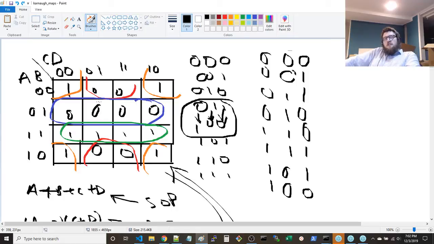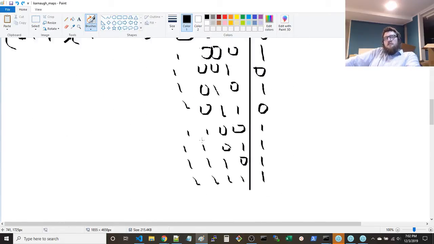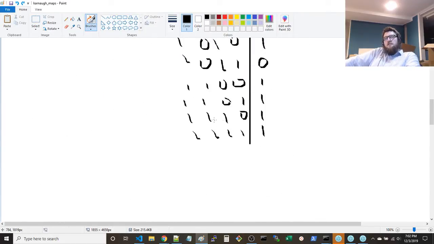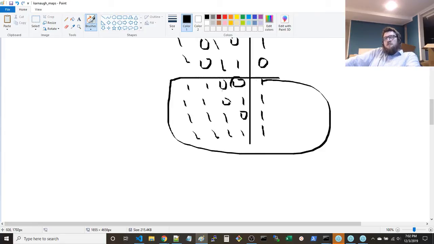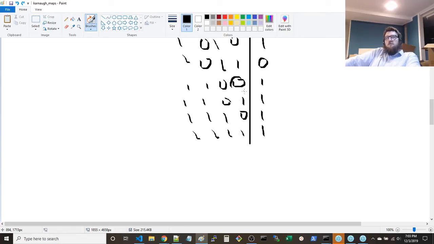Now, as you could tell, what you're looking for is a clever way of figuring out how you can group the ones in such a way where you can notice pieces that don't change, whereas everything else does change across that group. That's also why it needs to be a power of 2, because only powers of 2 will contain all of the bits required.